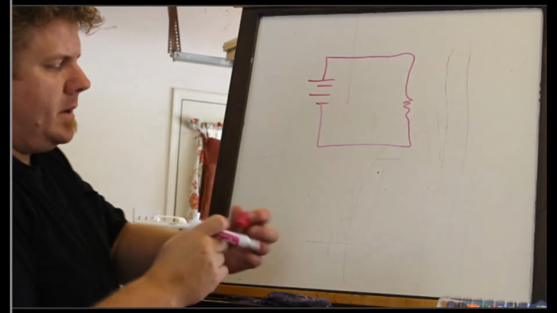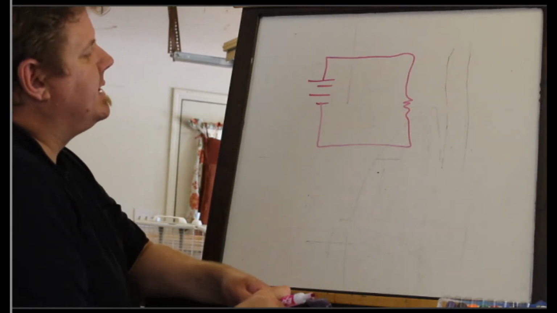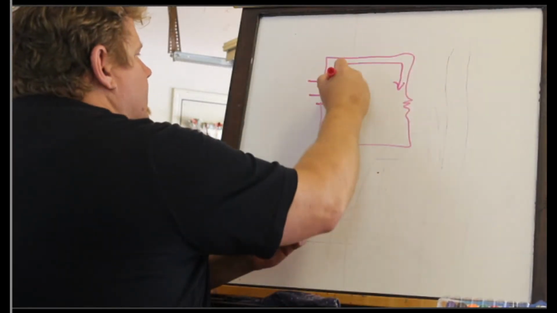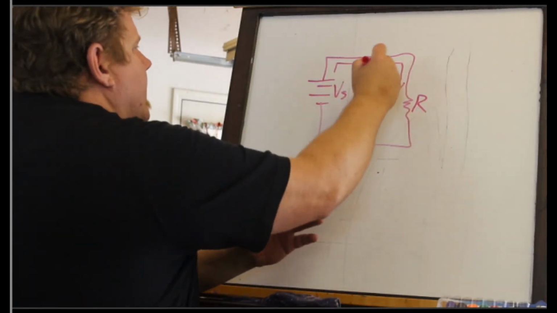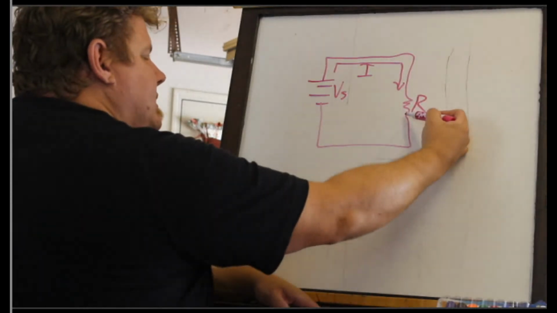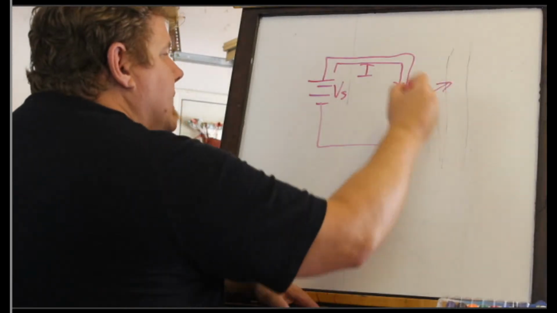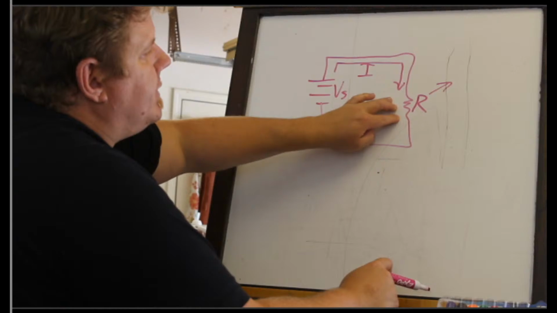Okay. So the other concept that we're going to talk about is as the current makes its way around this circuit, and here's my source, here's some resistor value. As my current makes its way around the circuit, okay, it's going to encounter this resistance, and because it's holding the current back, right, it's going to resist against it.